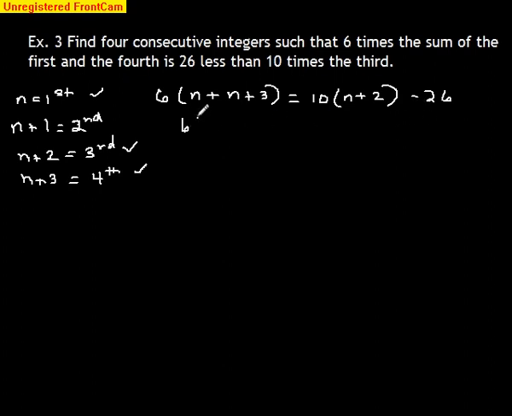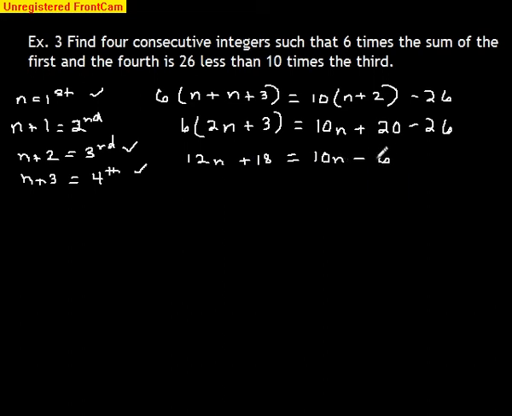So we get 6. Do inside parentheses first. 2n plus 3 equals 10n plus 20 minus that less than 26. Distribute again. 12n plus 18 equals 10n minus 6.